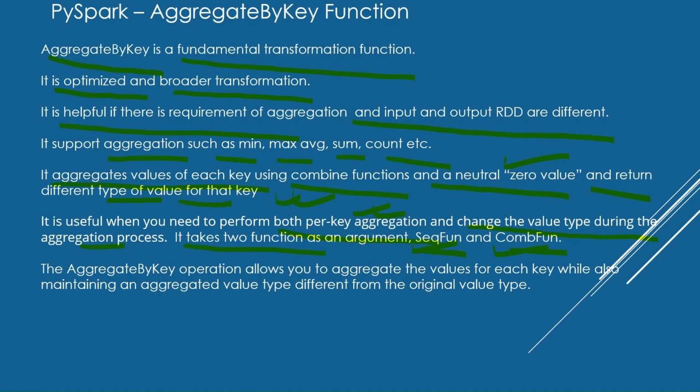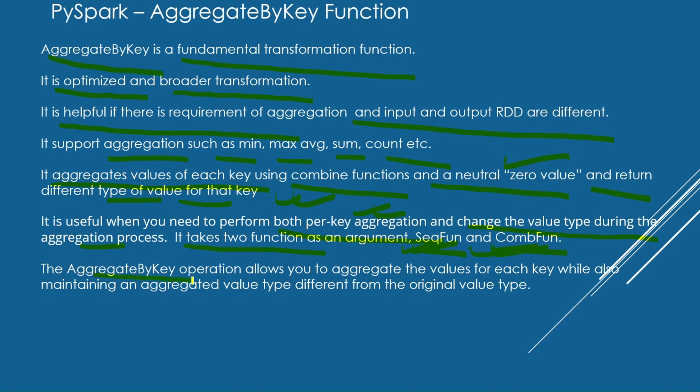When aggregation completes at the per partition level, the combine function is going to collect all the results generated with the help of the sequence function on different partitions, combine them, and produce the final output. This is why we are using these two different functions.